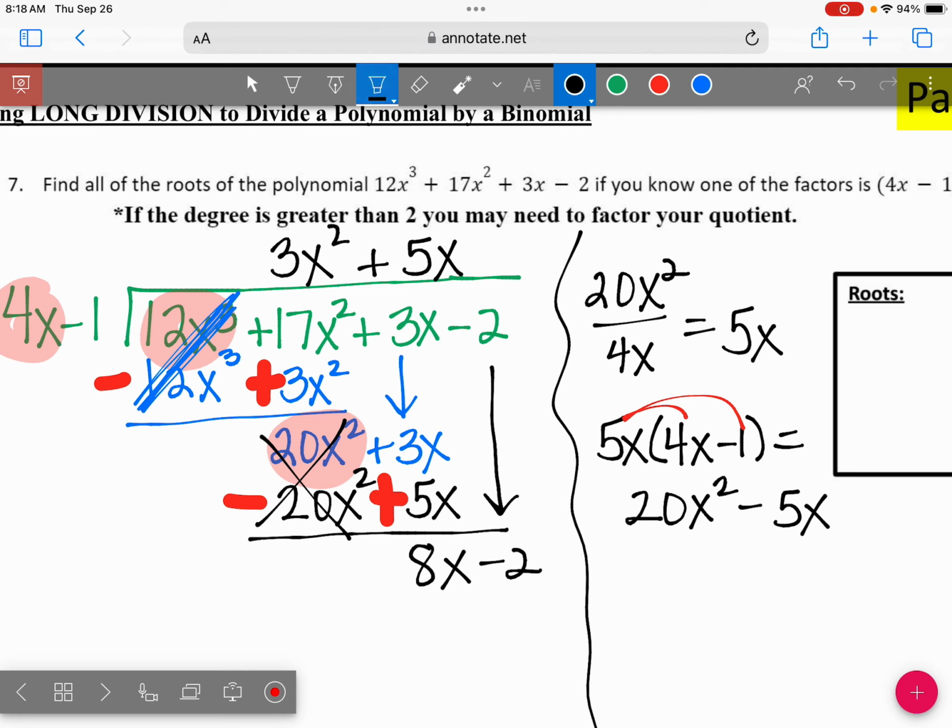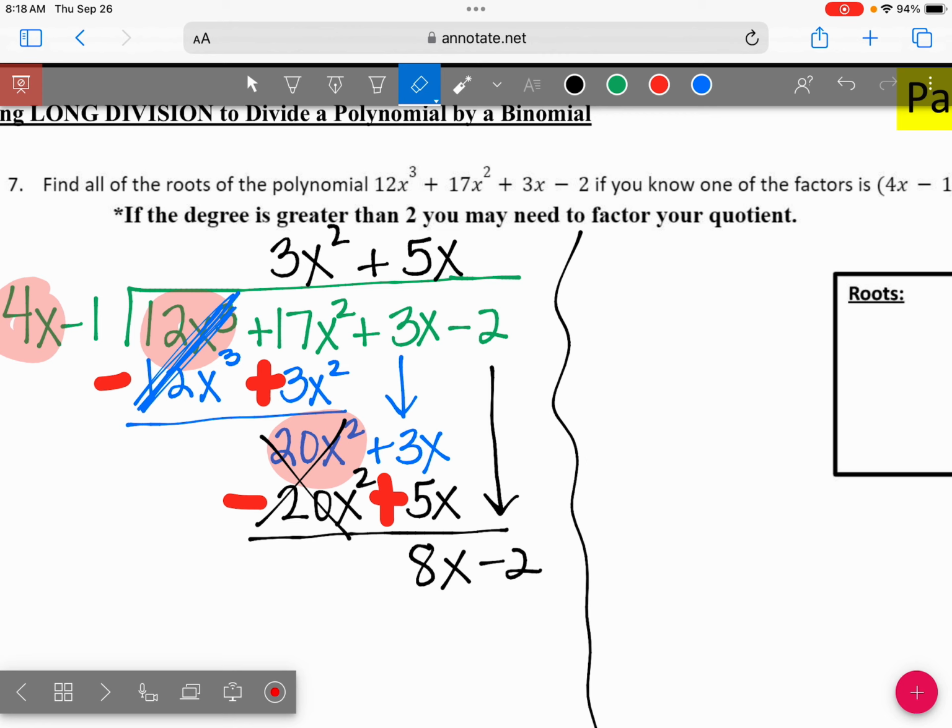So off to the side, we're going to take 8x and divide that by 4x. So 8x divided by 4x gives us what? What's 8 divided by 4? 2. Put that on the roof. 8 divided by 4 is 2.